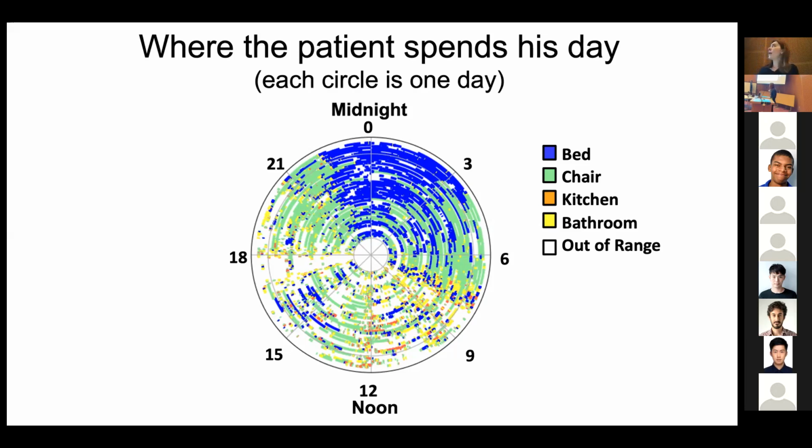Somebody who wakes up at almost 4 a.m. in the morning, as you can see from the blue area, sits on a chair, this green, until exactly 8 a.m. to do his showering and toileting at 8 a.m. Why would anyone do that? I mean, the vast majority of us will wake up, just go do toileting and showering. Why would you sit on a chair for hours until 8 a.m. and then go to take your shower?